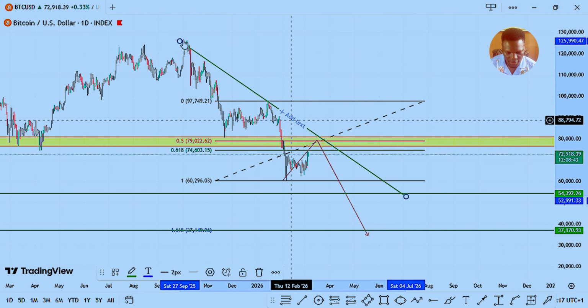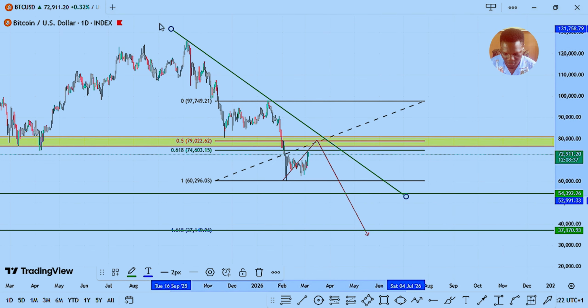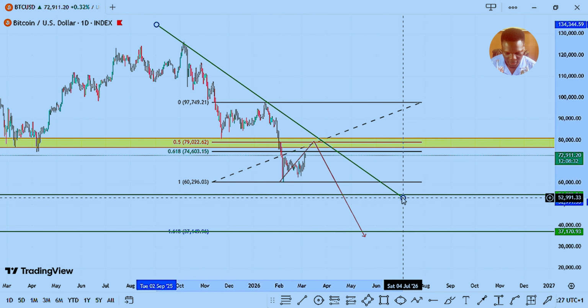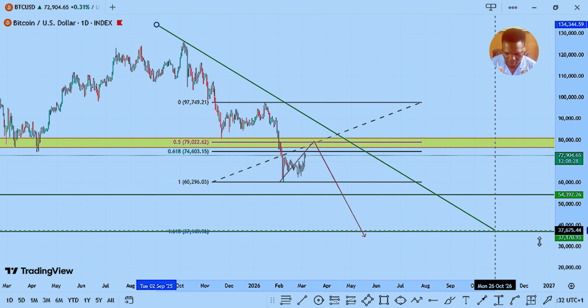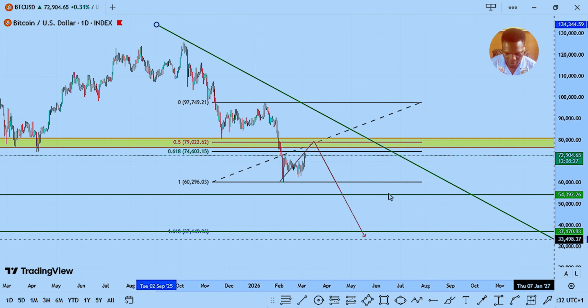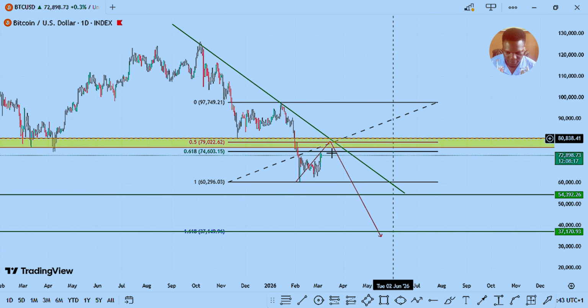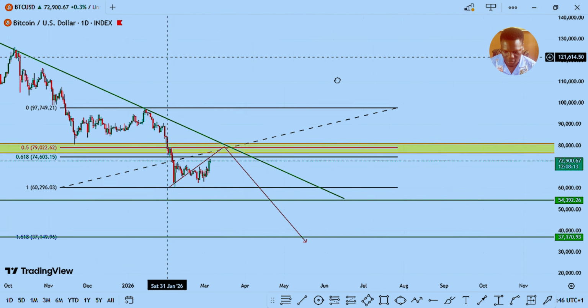So there are many confluences here that I'm going to use to trade Bitcoin. Strong break on this level.